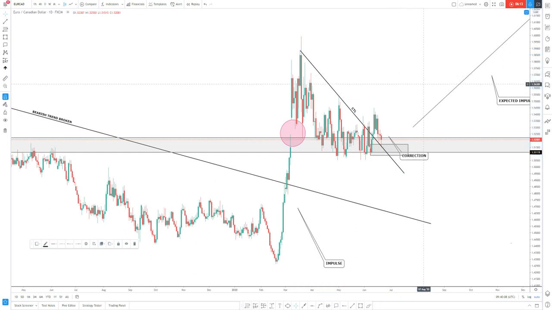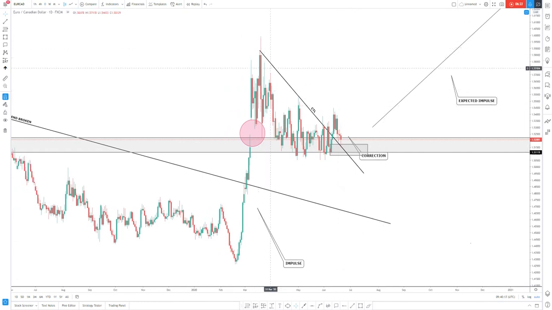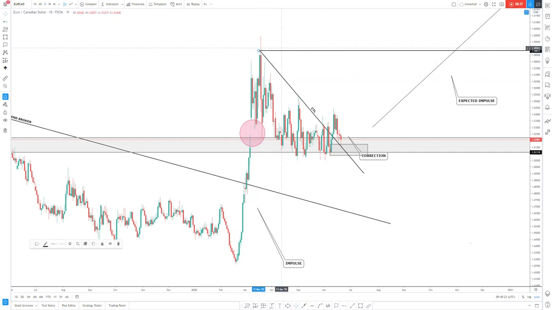So with this known, I would be looking to go long on EUR/CAD and target 90%. That's this area here. So this will be my target.